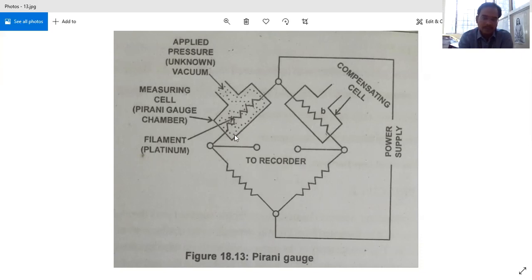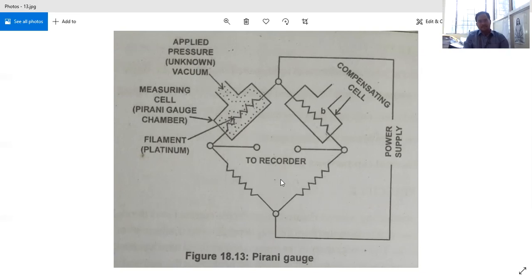In this Wheatstone bridge, you have the measuring cell, the Pirani gauge chamber, and the compensating cell, and this goes to the recorder. The applied pressure enters the cell through this passage, and we have a filament made up of platinum.